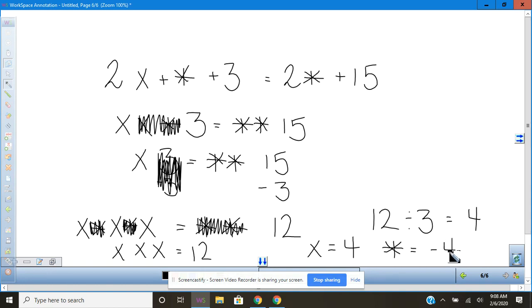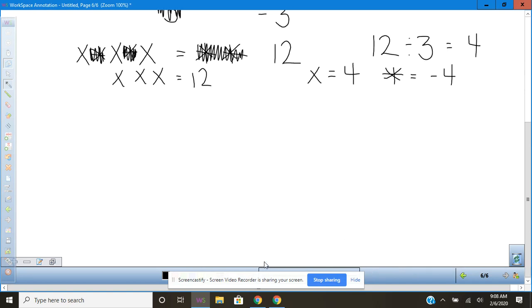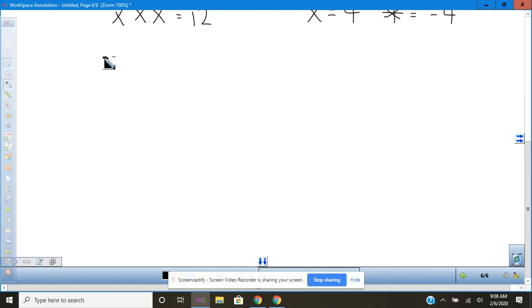And it's that easy. So we can do a couple more sample problems here. And we're going to start with this one here, which is 2 stars plus x plus 1 equals 2x plus 13.